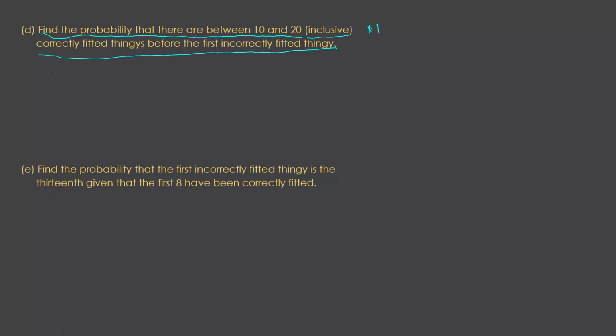Well, we can do it because what we're after here is the probability that x is equal to 10 plus the probability x is 11 plus, and so on, up until we get to x equals 20.